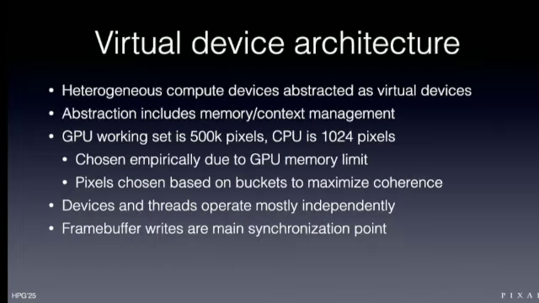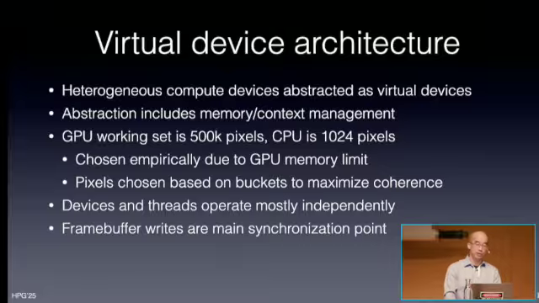For abstracting the heterogeneous rendering devices, we use a virtual device architecture. And so we abstract away details like memory management and the rendering context, which for us loosely means the input buffers needed by the kernel. A key part of this abstraction is the kernel work size, which is 500,000 pixels for the GPU and 1024 pixels for the CPU. And this reflects the nature of SIMT versus SIMD.